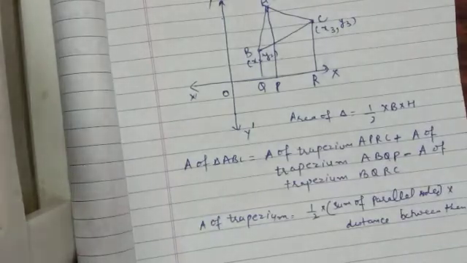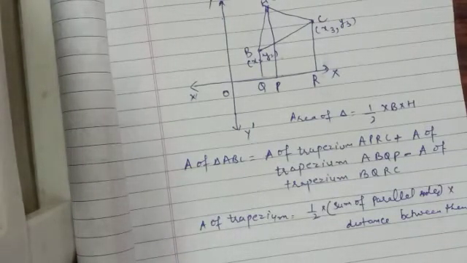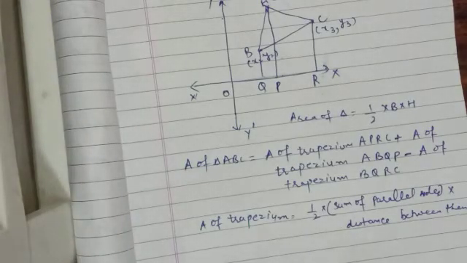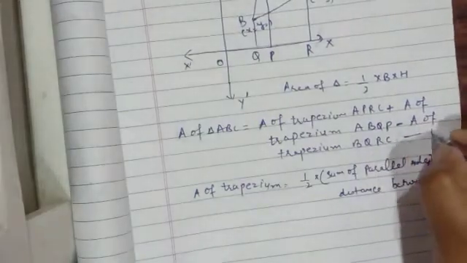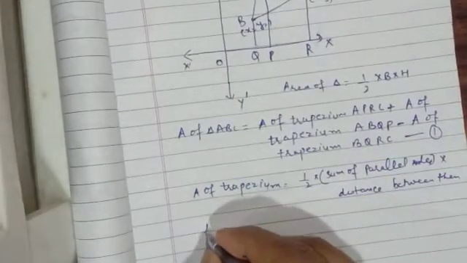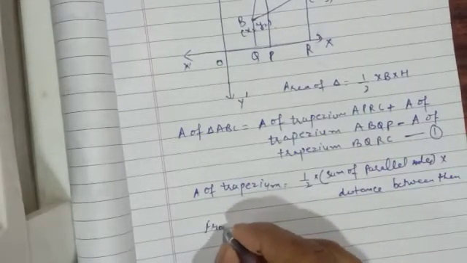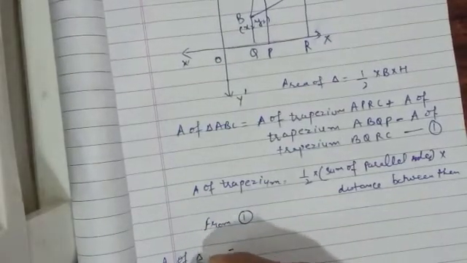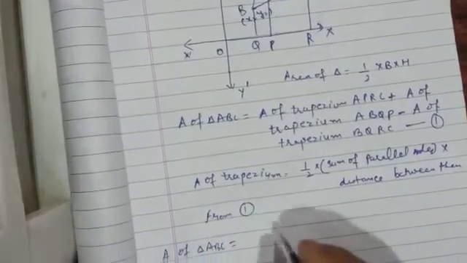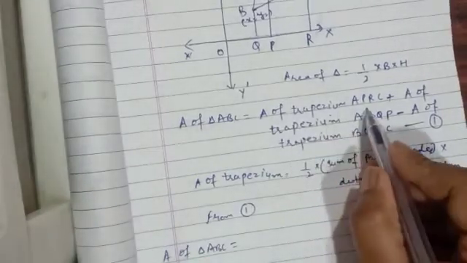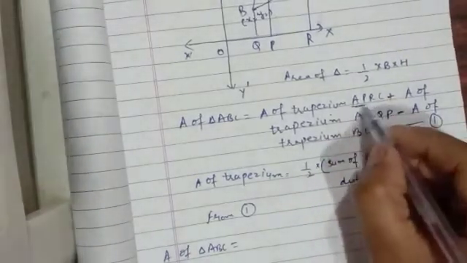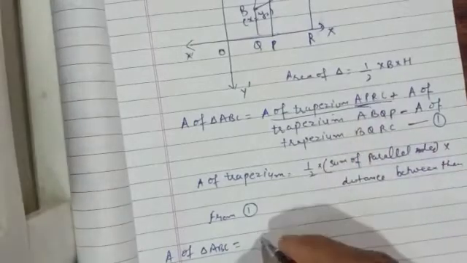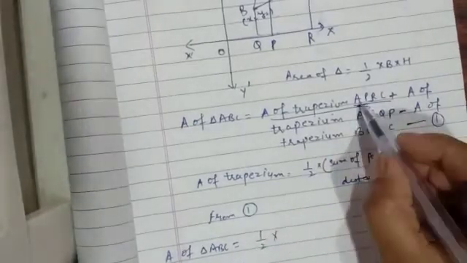Now let us write the area of all the trapeziums we have written in the upper step. Firstly, we have to write the area of trapezium APRC. So let us proceed from equation number 1. From equation number 1, area of triangle ABC is equal to area of trapezium APRC. So let us fill its value, that is half into sum of parallel sides.